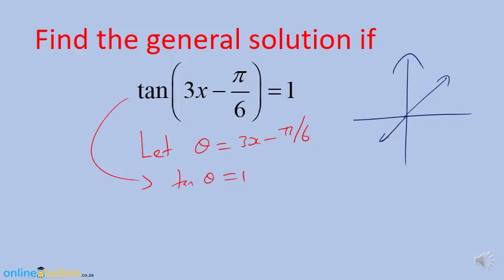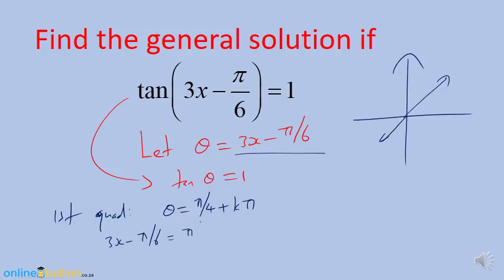So let's look. Tan theta equal to 1. Calculator. Inverse tan of 1. And in the first quadrant, straight away, I can write out the solution. You're going to get theta equal to pi by 4 plus, not 2k pi, but k pi. They didn't give us theta. We set theta to be 3x minus pi by 6. So eventually 3x minus pi by 6, you see where we're going with this, equals pi by 4 plus k pi.